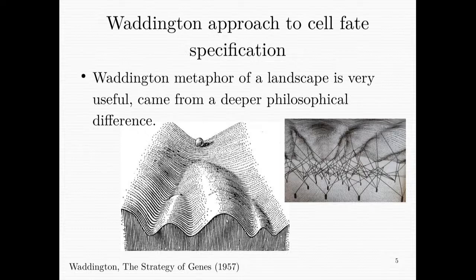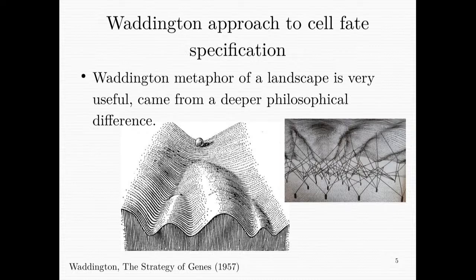And you see that there are these different valleys, and these different endpoints, he said, correspond to different fates that the cell can take. And what he was trying to capture with this landscape picture is precisely the idea that the dynamical system involved in development is very robust, and the trajectories you take carry you along these predestined directions, and there are only a few endpoints that you can reach.